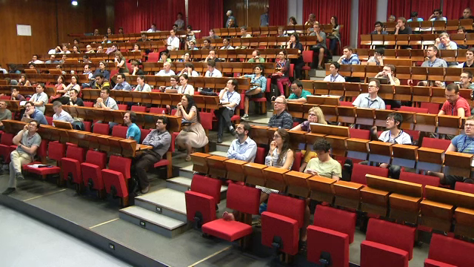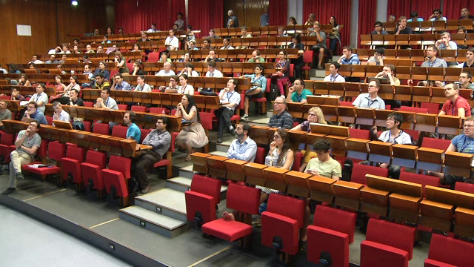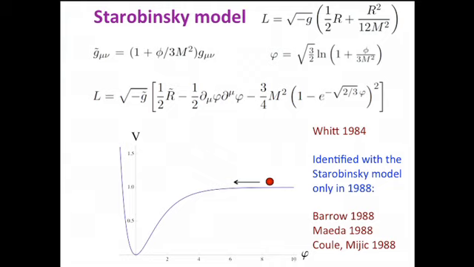Then in '85, in our paper with Kaufman and Starobinsky, we represented it in this way. And then independently, someone else represented this theory in this way, except he did not know that he was representing the Starobinsky model because it was not written in that way. And then it was identified with the Starobinsky model in '88. So that's an interesting story, but never mind.